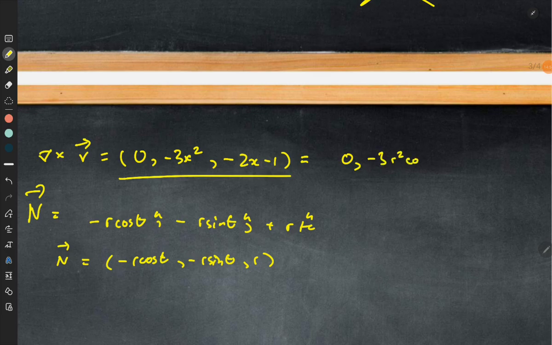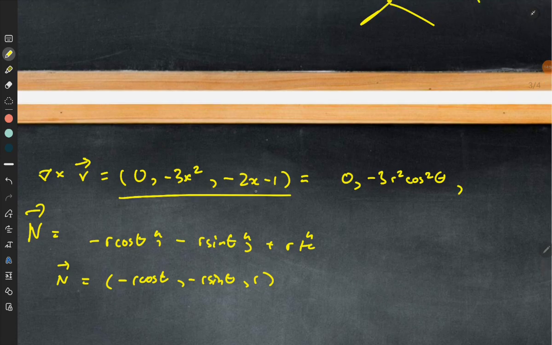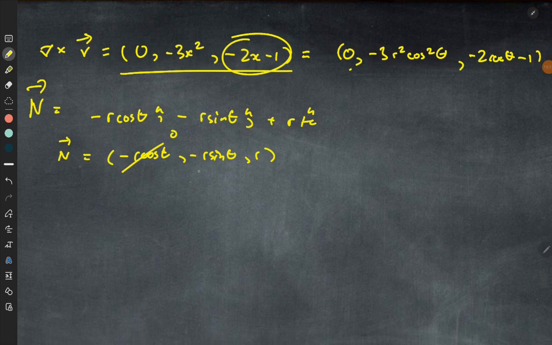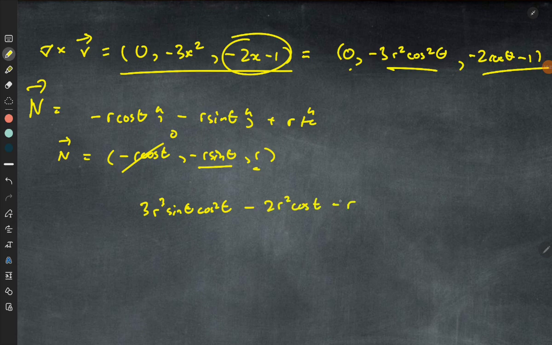So x was equal to r cos theta, so the curl's third component is equal to negative 2 r cos theta minus 1. Now we just have to dot the two. That's 0. That's irrelevant. These two become 3r cubed sine theta cos squared theta. These become negative 2r cos theta minus r.